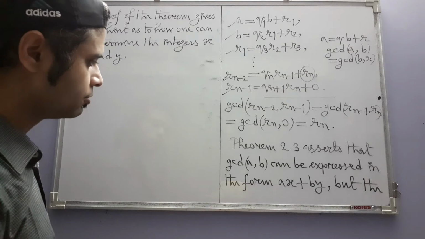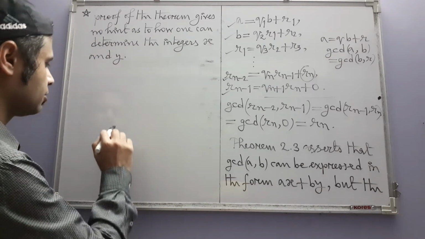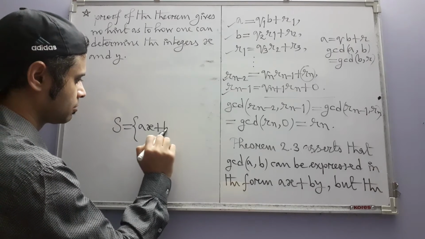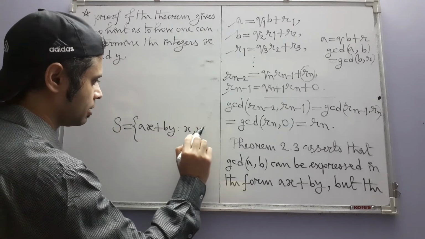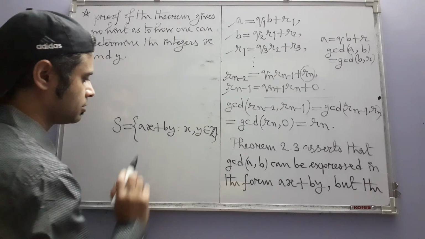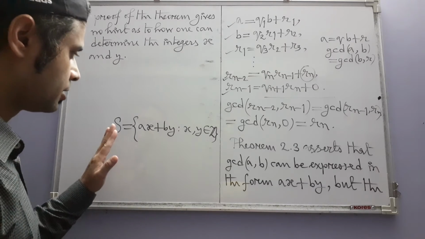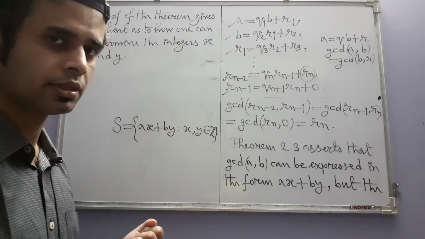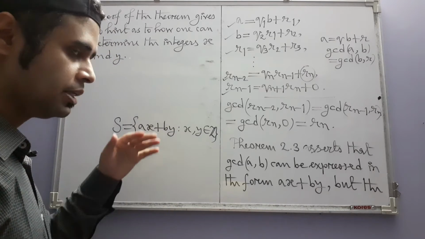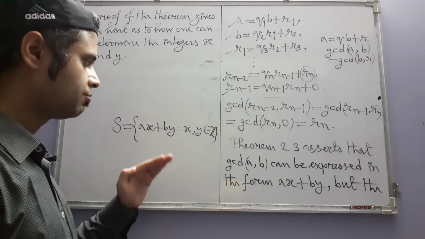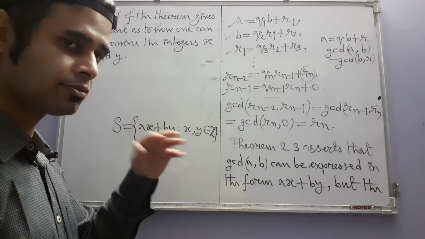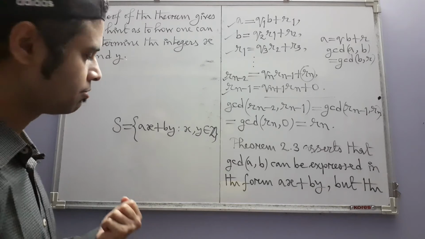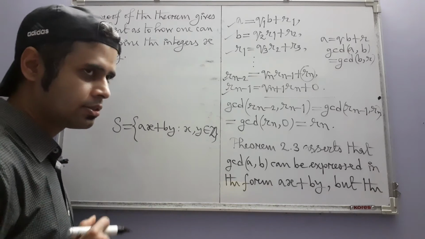If you recall the proof, in the proof what we did, we considered a set like this, where x and y are integers, and then the GCD turned out to be the smallest positive element in this set. So in the proof we showed that such a smallest positive element exists, and that fact in turn comes from the well ordering principle, that the set of positive integers is well ordered, but that is an existence proof.